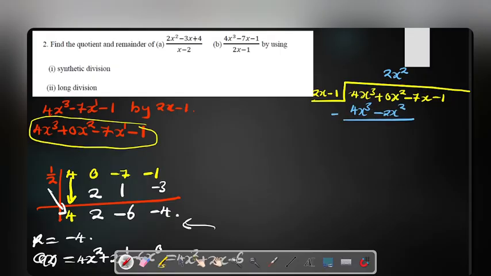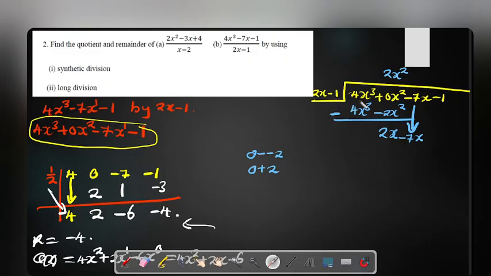Here we subtract, so it will be 0 minus negative 2, which is 0 plus 2, so we just have positive 2x squared. Then now we drop this negative 7x. We say minus 7x. Once we do that, now we start again.